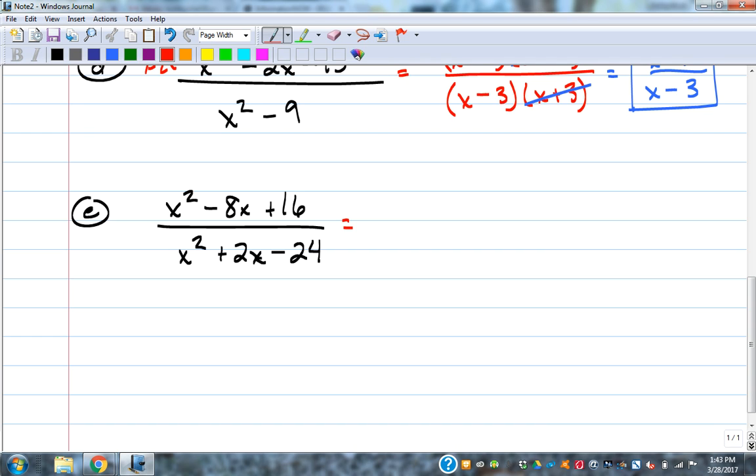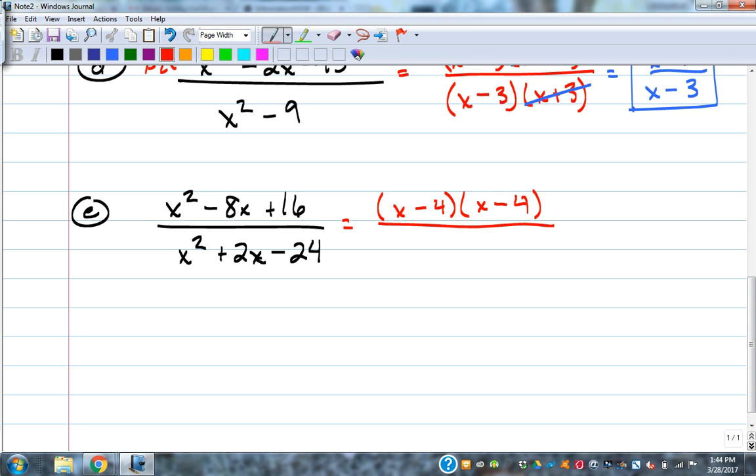Okay. So what are the factors that the top part, or the numerator, becomes? Multiply to be 16, add to be -8. -4, so that's x minus 4, x minus 4. You could write that as x minus 4 squared if you wanted to.